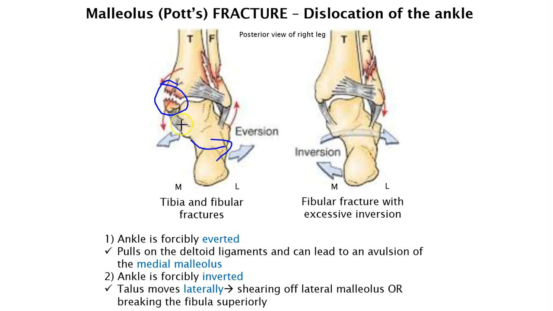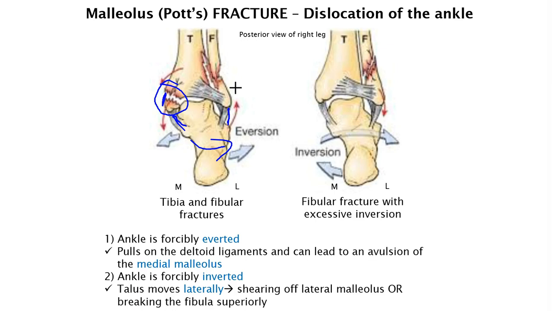Since the deltoid ligament, seen here, is so robust, the medial malleolus avulses from the tibia. Meanwhile, the calcaneus moves into the lateral malleolus, compressing and ultimately fracturing the lateral malleolus in the process. Again, this was due to uncontrolled eversion.